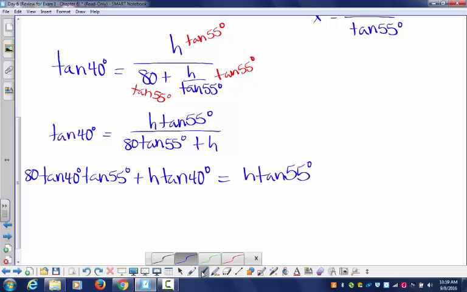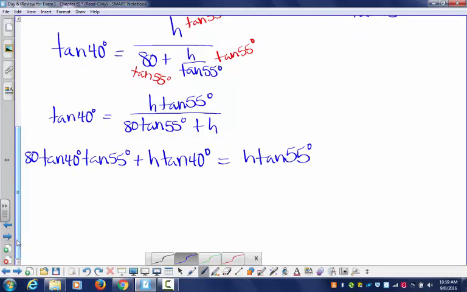We multiply both sides of the equation by 80 tan 55 plus h. On the right, it cancels with the denominator, giving just the numerator. But on the left, we have tan 40 multiplied by this two-termed expression. So that tan 40 has to jump across to both of those. So that's what I've done, is distributed the tan 40 to both terms.